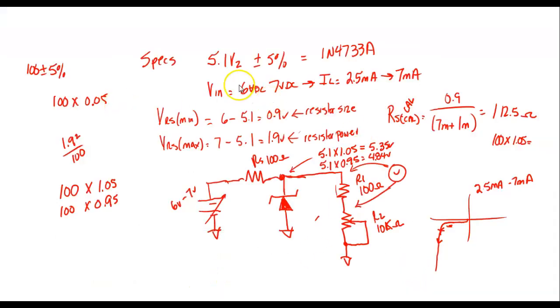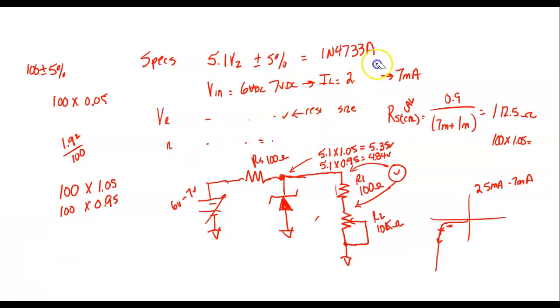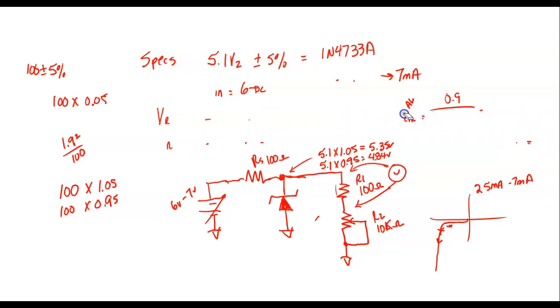I'm going to do away with all these calculations, which we did last class anyway, so we can see the circuit a lot better. I'm going to leave that up there because we'll make sure that the zener is within plus or minus 5%.